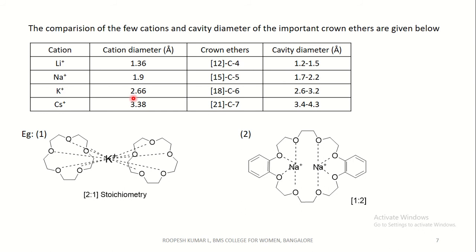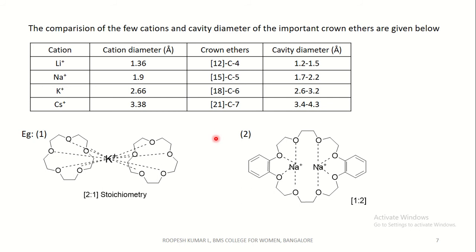Whereas the potassium ion has a cation diameter of 2.66, which fits into the 18-crown-6 because it has a cavity diameter of 2.6 to 3.2. Cesium ion has a cation diameter of 3.38, which fits into 21-crown-7 because it has a cavity diameter of 3.4 to 4.3.